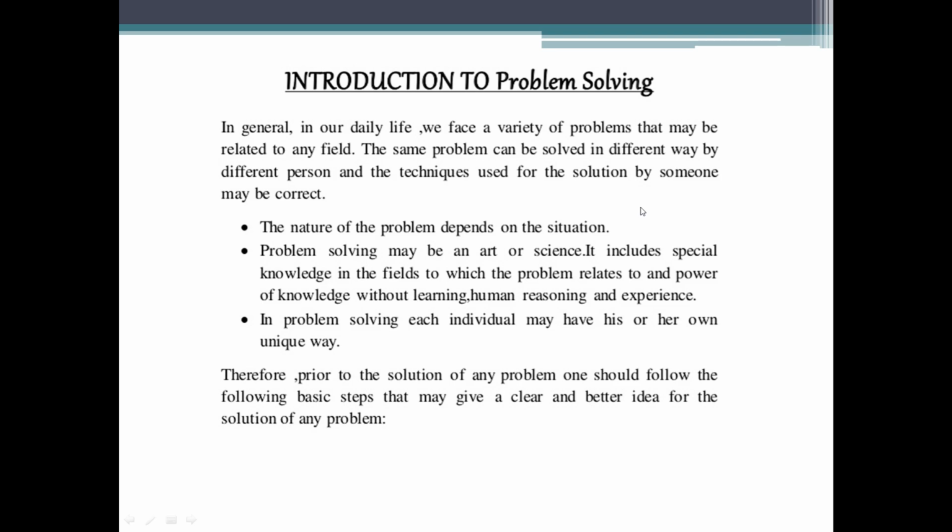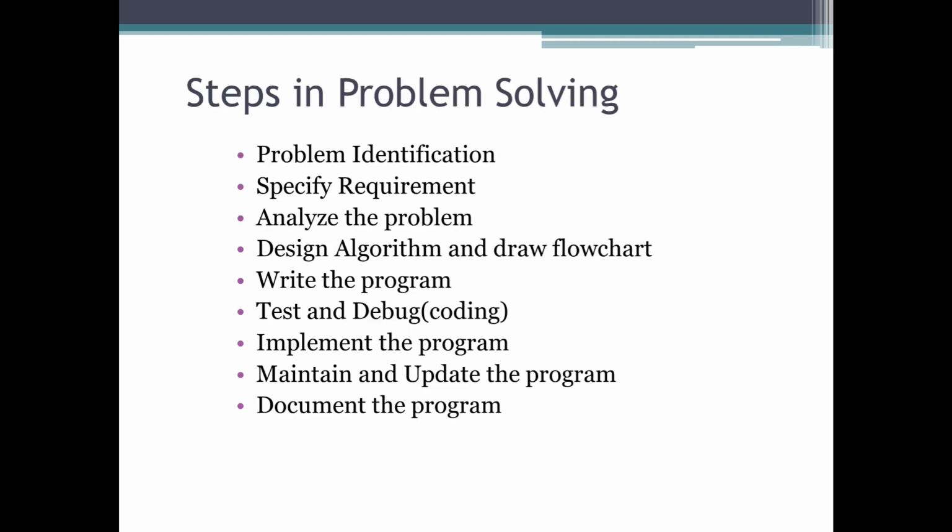So prior to the solution of a problem, there are certain steps the person should know, and there are certain steps which will help to make the solution better. And these steps involve problem identification, specify requirement, analyze the problem, design algorithm and draw flowcharts, write the program, test and debug, implement the program, maintain and update the program, document the program.